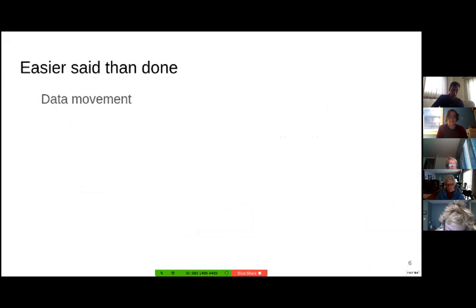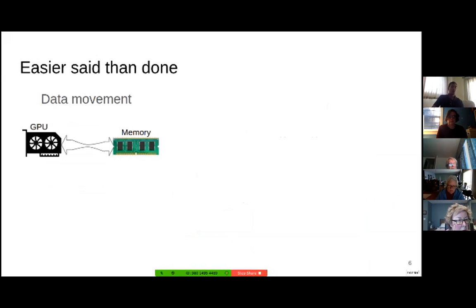So the first challenge when working with a post-Moore's law system is data movement. So you have this GPU, highly specialized. It can process gigabytes per second. But the only problem is main memory.